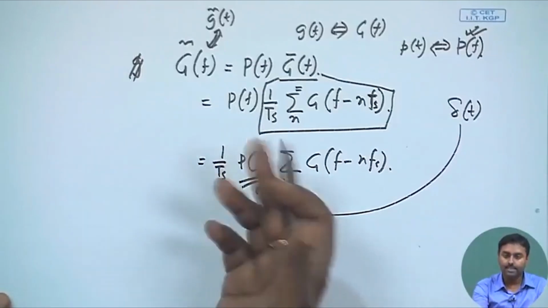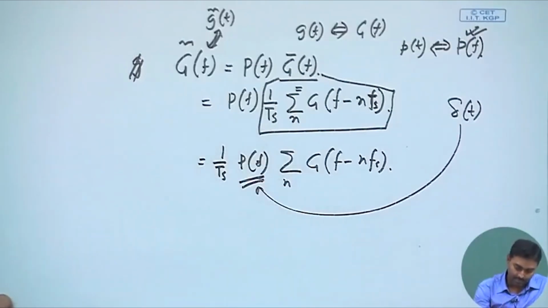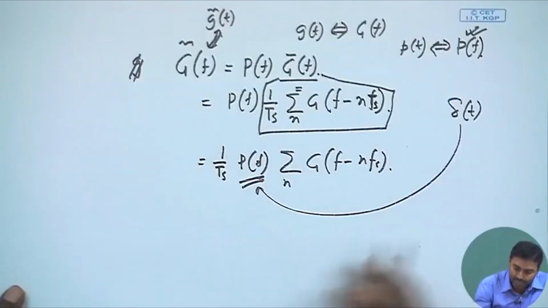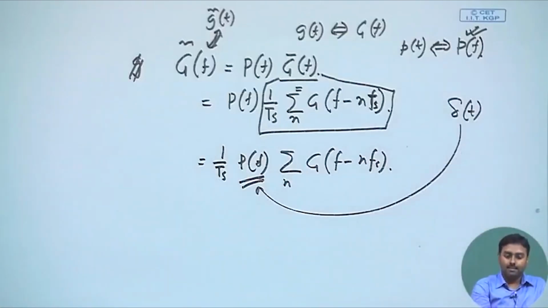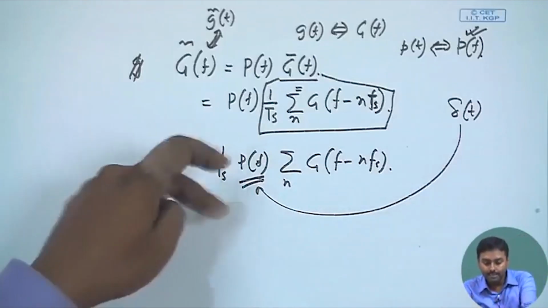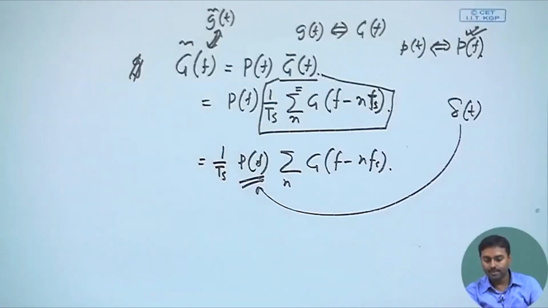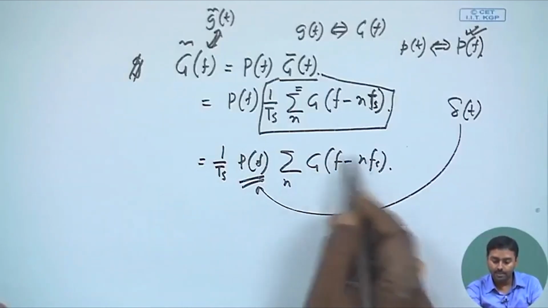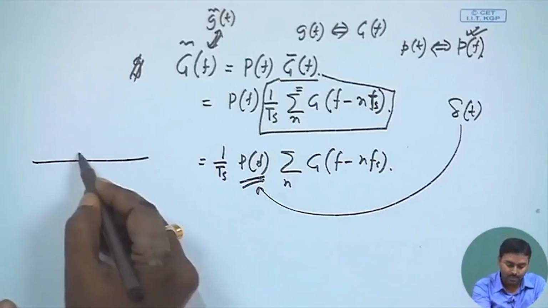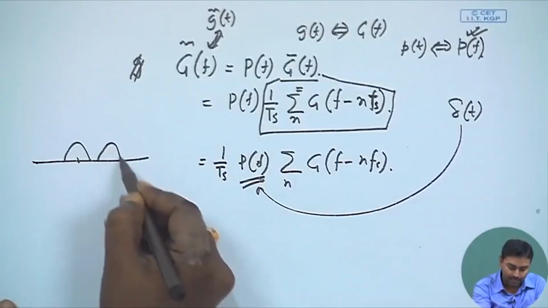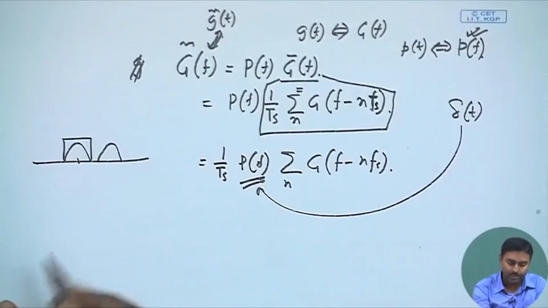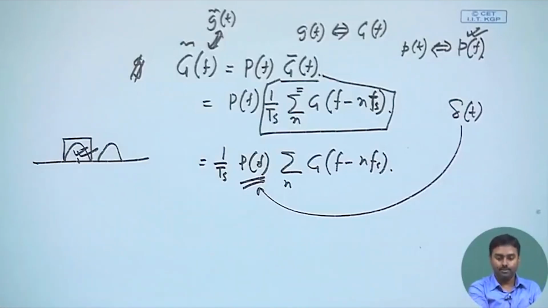And of course, that Ts gain has to be given, so that this Ts gets cancelled. So, if the pulse is something like this, I can always put a low pass filter with Ts gain, then Ts will be cancelled out with an ideal low pass filter, and because this G(f minus nfs) just looks like this, it gets repeated, and then ideal low pass filtering will just give me back G(f).